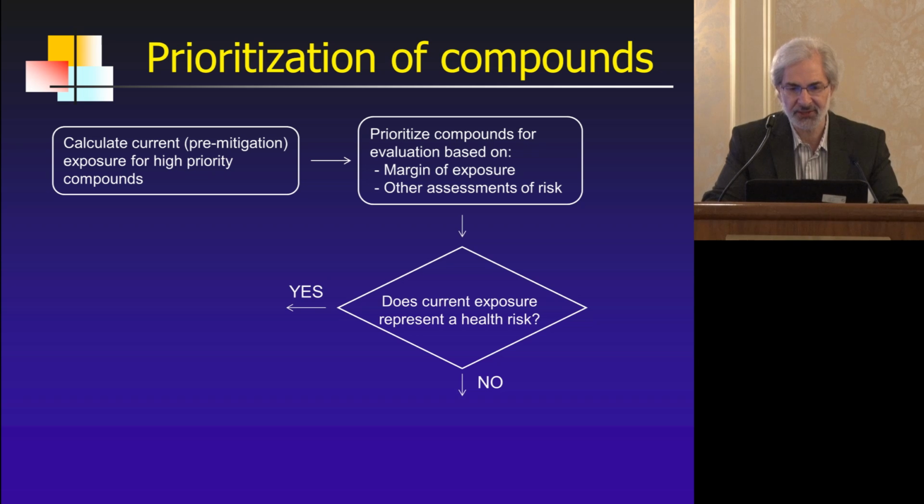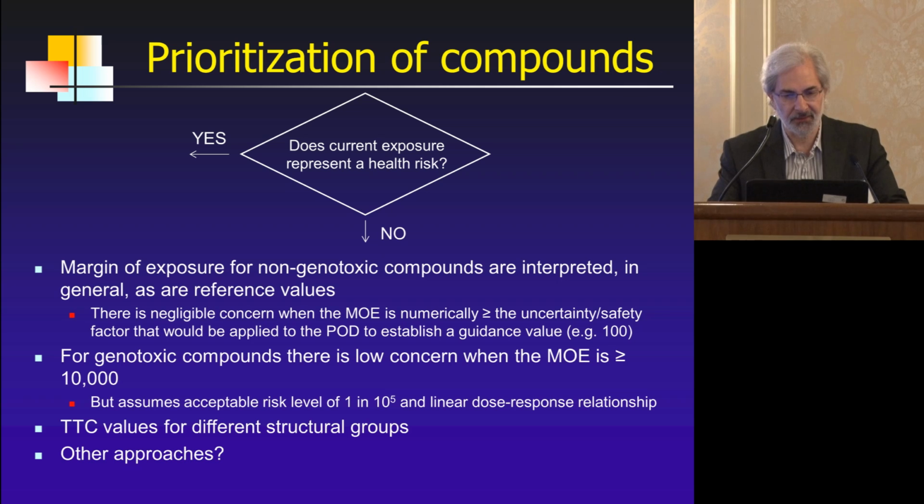But once we've prioritized the compounds based on the margin of exposure, we have to ask, does current exposure represent a health risk? Yes or no? And we've heard that the margin of exposure is potentially very useful. It's at least a method of ranking and prioritizing compounds, even if it doesn't give an absolute quantitative indication of the level of risk.